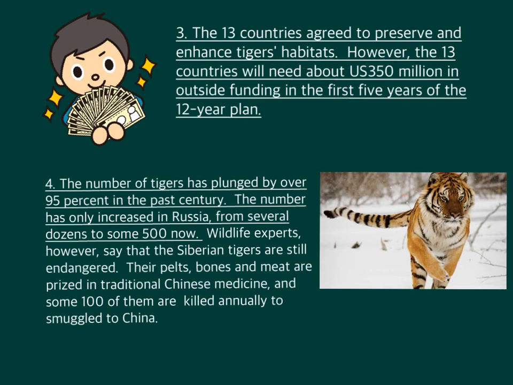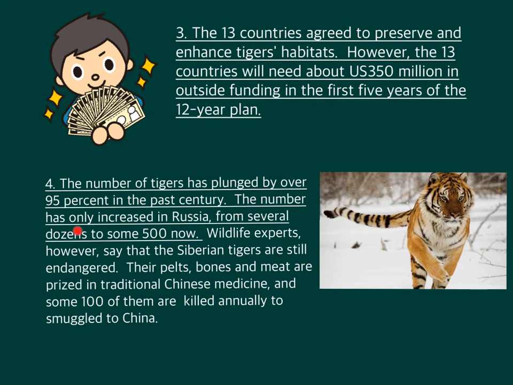However, the 13 countries will need about $350 million in outside funding in the first 5 years of the 12-year plan. 4. The number of tigers has plunged by over 95% in the past century.